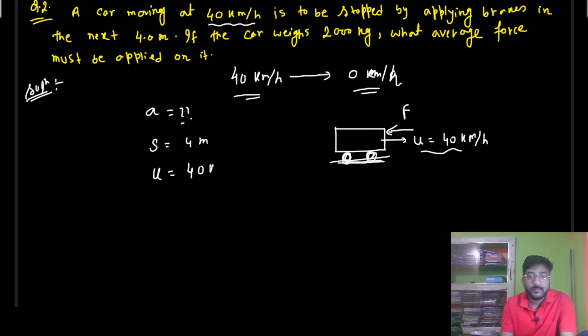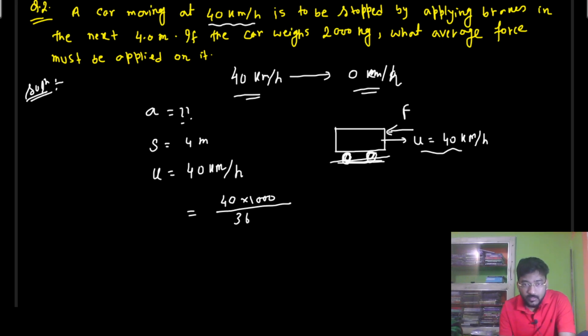If you want to convert it into meter per second, you multiply by 1000 meter divided by 3600 second, since 1 hour is equal to this amount of seconds.